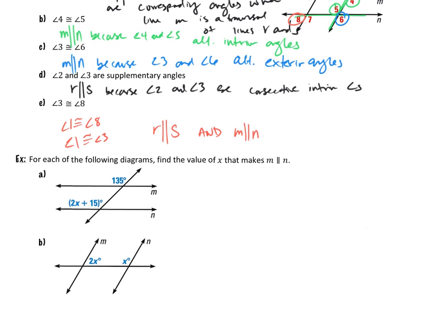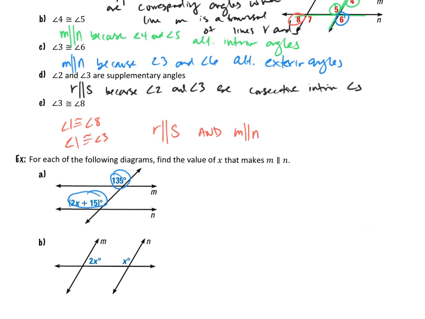In our next examples, we're going to find the value of x that makes our two lines m and n parallel. So in A, we have this angle here, 135 degrees, and this angle is 2x plus 15. And we have to figure out how those two angles are related.